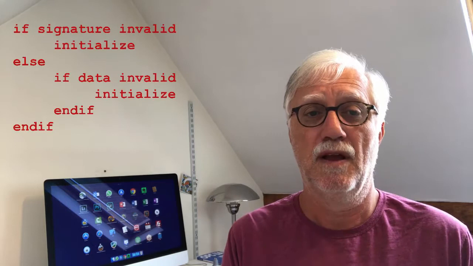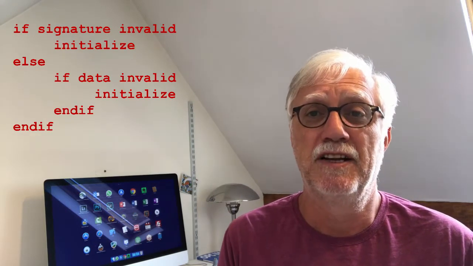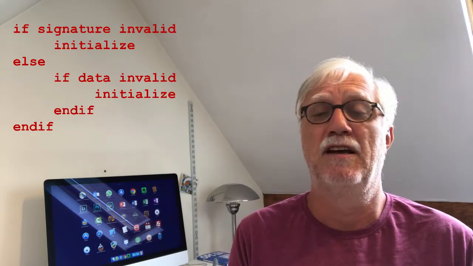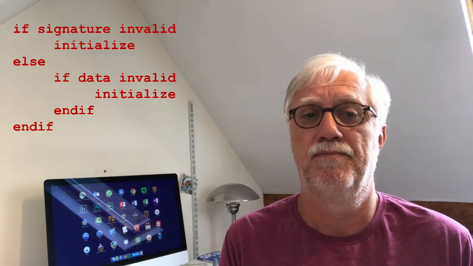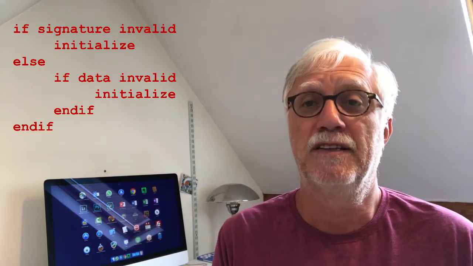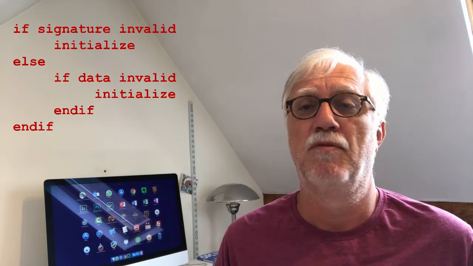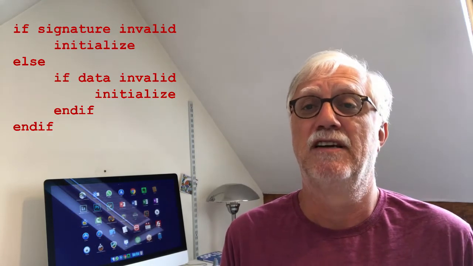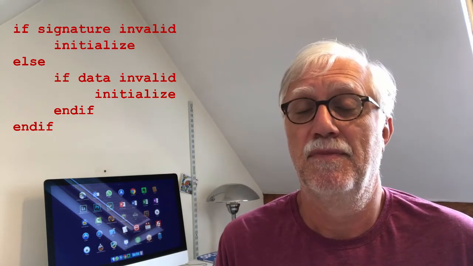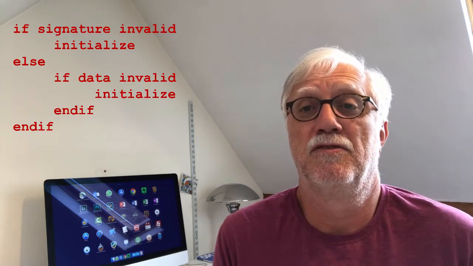So this means that when the software starts up, when it's powered up, it goes through an initialization sequence. It will first of all check the signature, and if it's not valid, it would initialize the non-volatile RAM. If it is valid, it would then check the data's CRC or checksum or whatever, and if that's invalid, it would initialize the non-volatile RAM. Otherwise, it would assume it contains sensible data and carry on and use it.